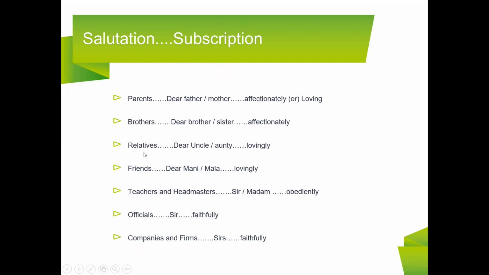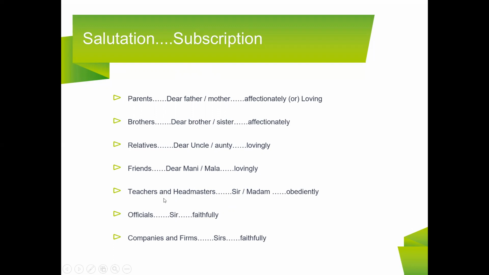If you are writing to a relative, you can write Dear Uncle or Dear Aunt, and the subscription is lovingly. Then friends, as I told you earlier, when you are writing a letter to your friend, don't address it as Dear Friend. You have to write a name there, like Dear Mani or Dear Mala, and the subscription is lovingly.